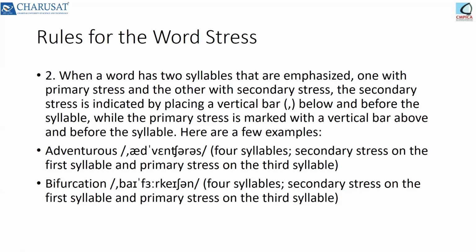So there is a vertical bar that we have seen, which is the main syllable that takes the longer period of time, whereas a lower bar, like a comma that you have seen over here, speaks of word stress, but it is not that prominent in the word. So there is importance to it, but it is not given as much importance in terms of being spoken for a longer period of time.